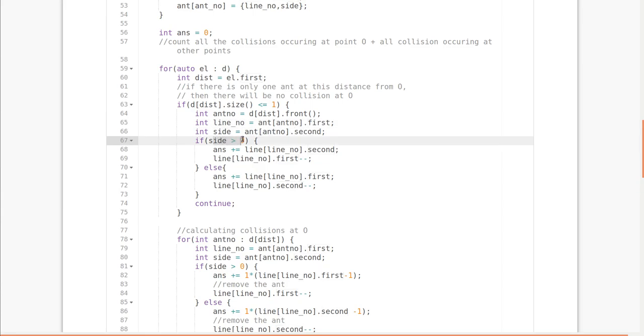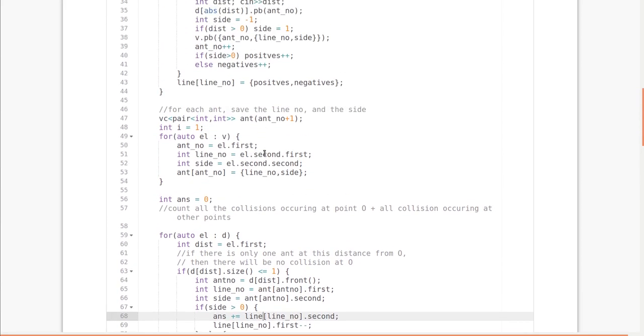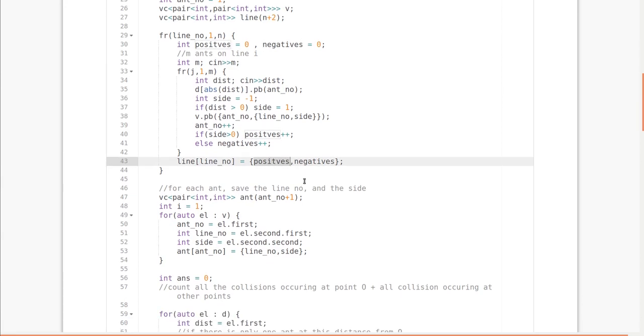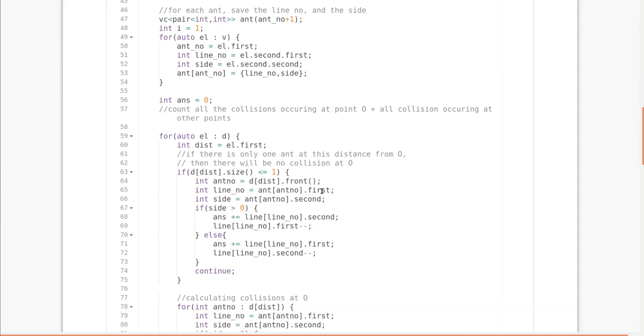So if the aunt is on the positive side, it will simply pass through the aunts on the negative side. So the aunts on the negative side are this line of line number dot second, because the line array stores positives and negatives. Positives are the aunts on the positive side, negatives are the aunts on the negative side.